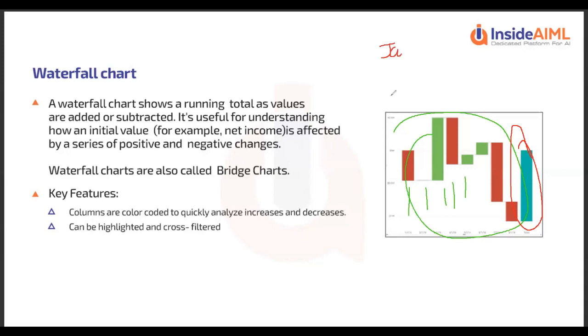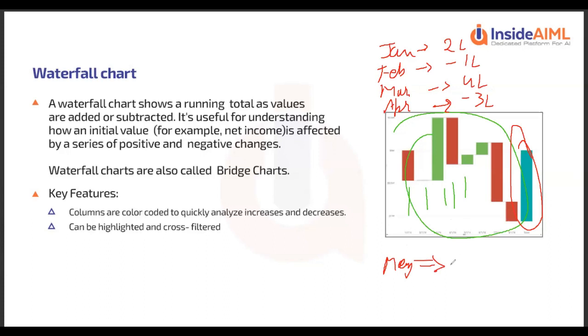Let's say in January you got 2 lakh. In February, you had to spend 1 lakh. In March, you again got 4 lakh. In April, you spent 3 lakh. And in May, you had to spend 6 lakh.